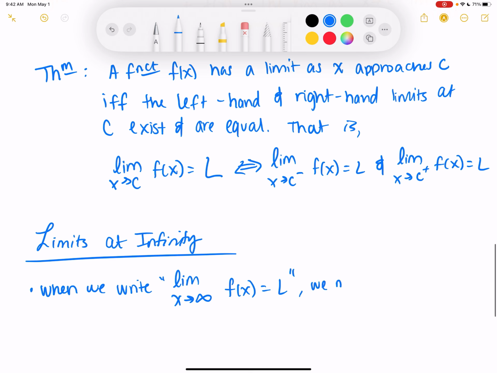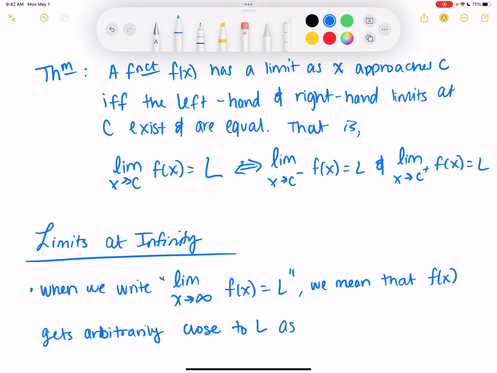We mean that f of x gets arbitrarily close to L as x gets arbitrarily large.